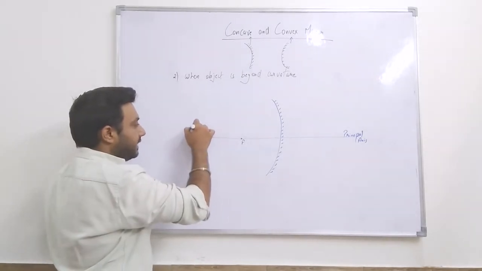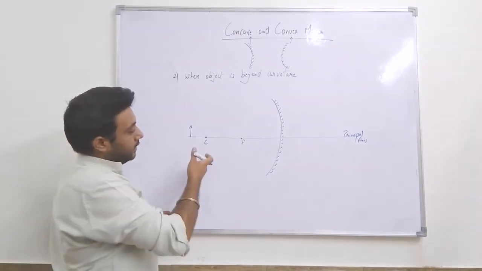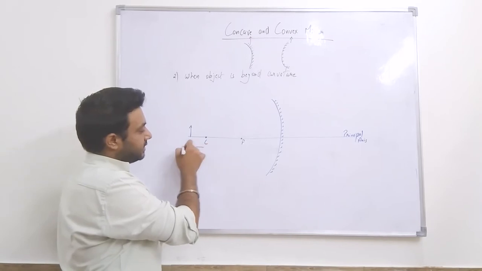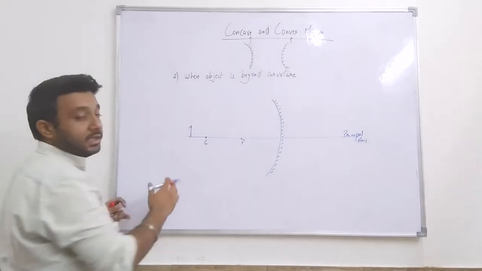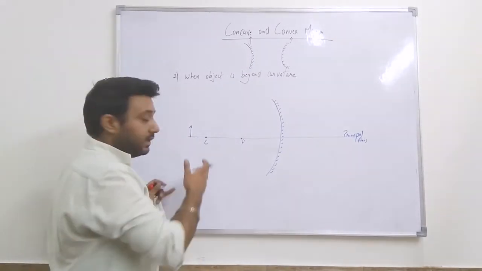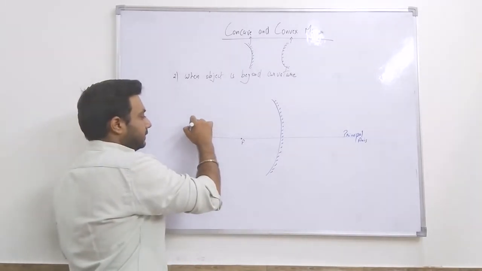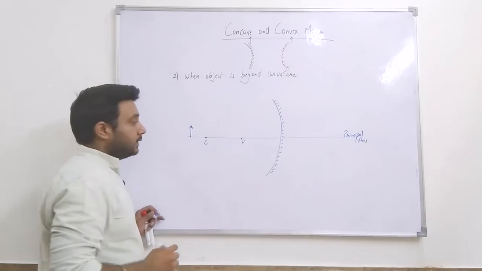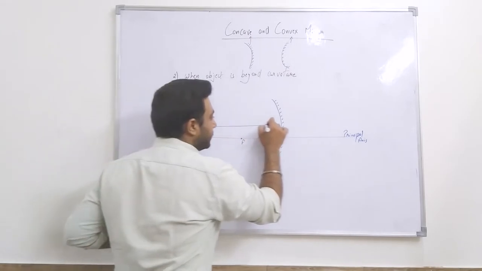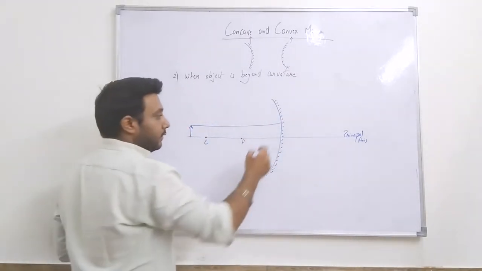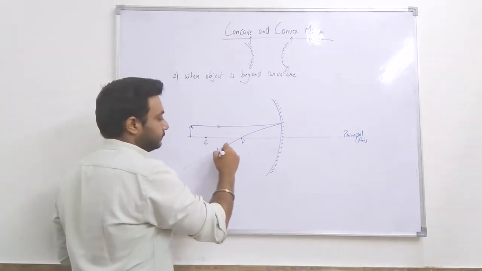Now the object is placed beyond C, means this region. It means that it is placed between infinity and center of curvature. Okay. Now we have learned rules to form the image. The ray which is coming parallel to the principal axis will pass through focus like this.